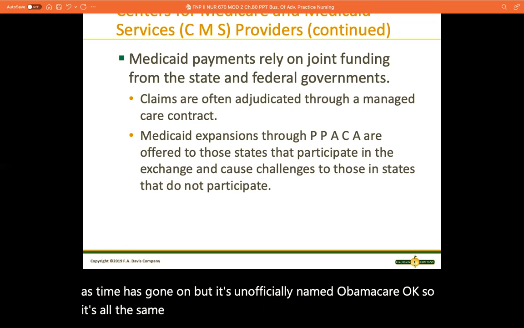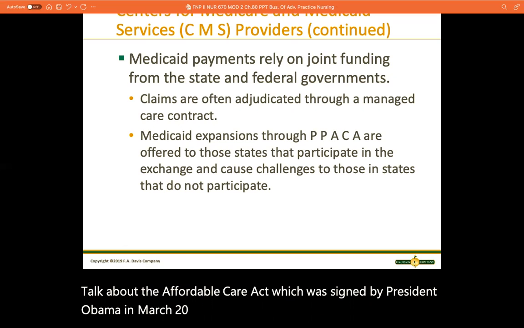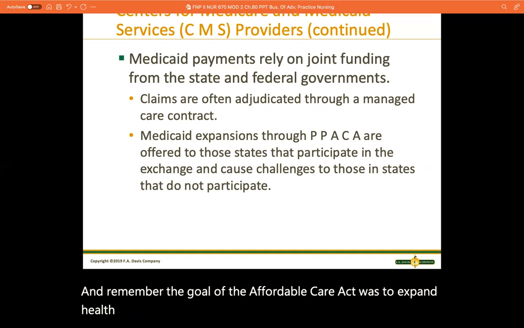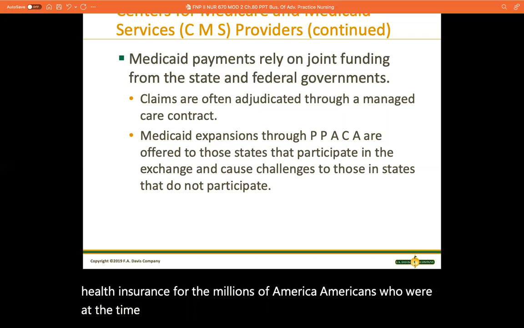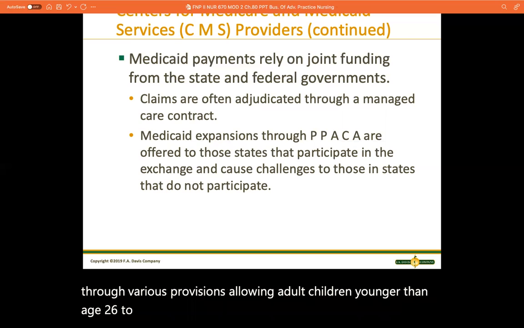We're talking about the Affordable Care Act, which was signed by President Obama in March of 2010. And remember, the goal of the Affordable Care Act was to expand health insurance for the millions of Americans who were at the time uninsured. It expanded healthcare coverage through various provisions, allowing adult children younger than age 26 to be insured under their parents.